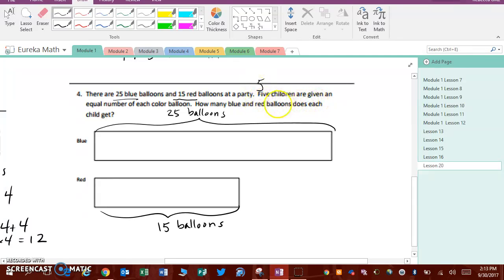5 children are given an equal number of each color. So this can be confusing because you see that word each. Let's back up though. 5 children. That means I've got 5 groups or 5 kids for both of my balloons. So I'm going to break each of my tape diagrams into 5 equal sections.